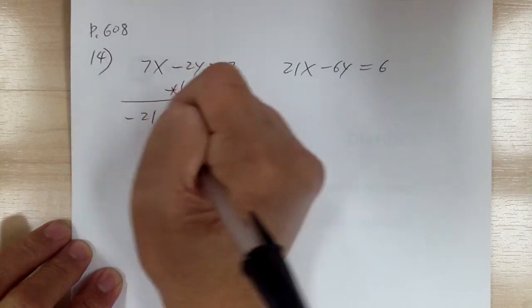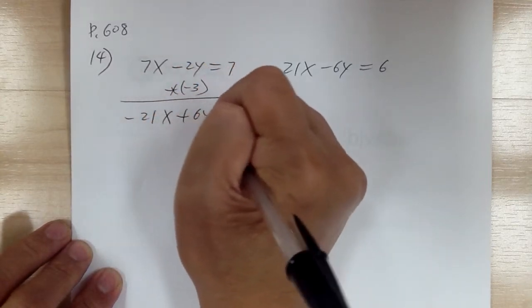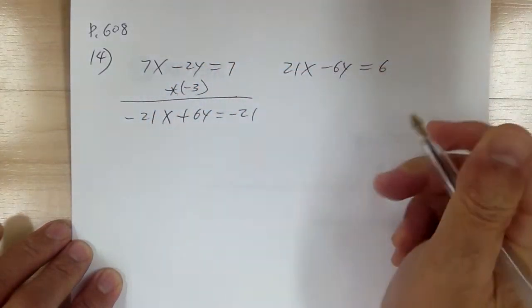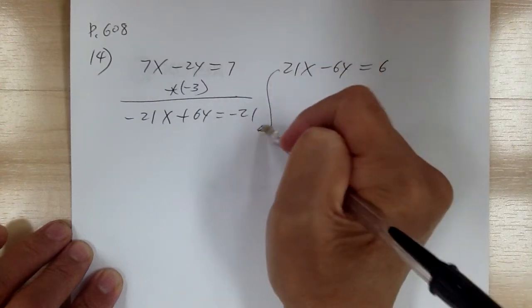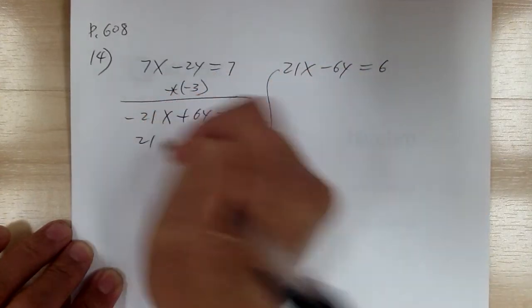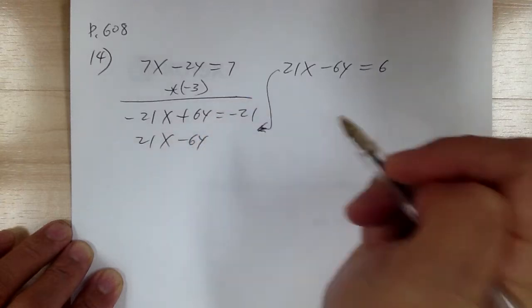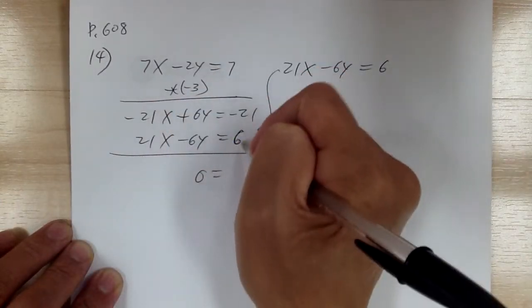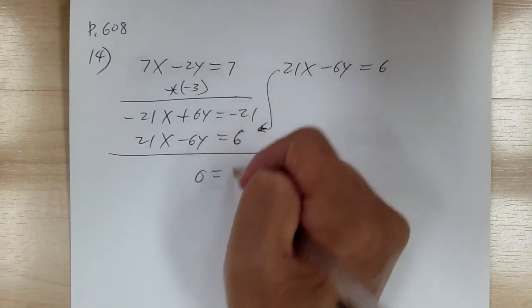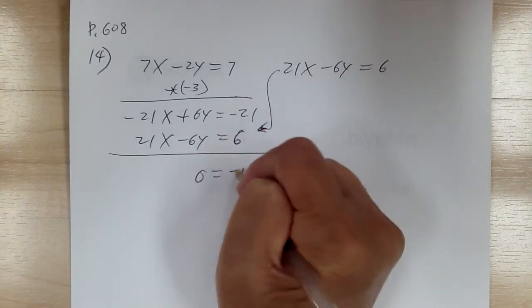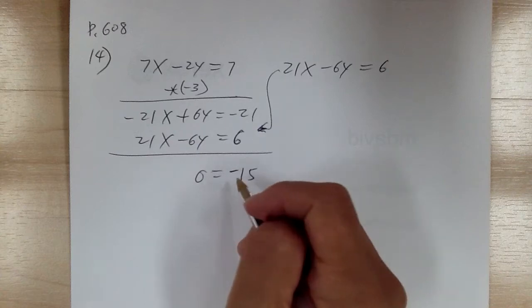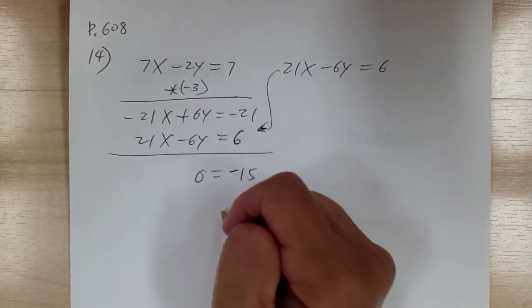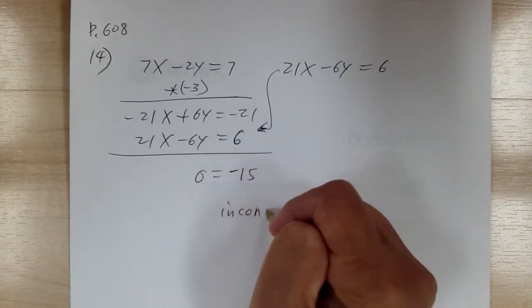So I get negative 21x plus 6y equal to negative 21, and I'm going to put this under here. So 21x minus 6y equal to 6. When I add, I get 0 equal to, opposite sign, you have to subtract the number, so it would be negative 15. And again, this is false, right? 0 equal to negative 15, so that's false, so it would be inconsistent.